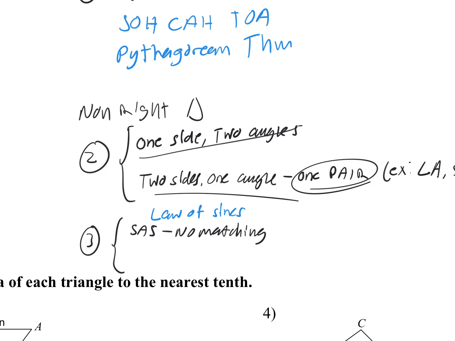In this case, you can't really find any other angle easily, so you can't come up with any pairs. So what you would do instead is use law of cosines. And the other case is if you have three sides. So if you have no matching pairs, or you have three sides, you would use law of cosines.